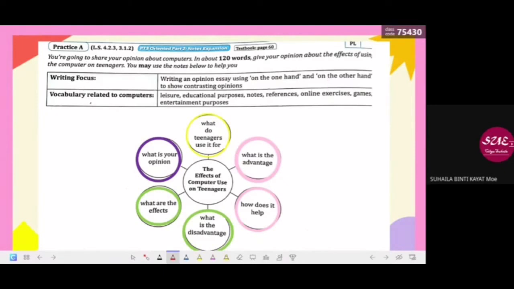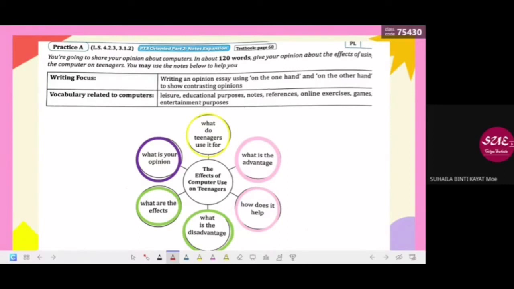Okay. Vocabulary related to computers. Okay, these are the words that you can use, the vocabulary. Ya, tata bahasa, leisure, educational purposes, notes, references, online exercises, games, entertainment purposes.